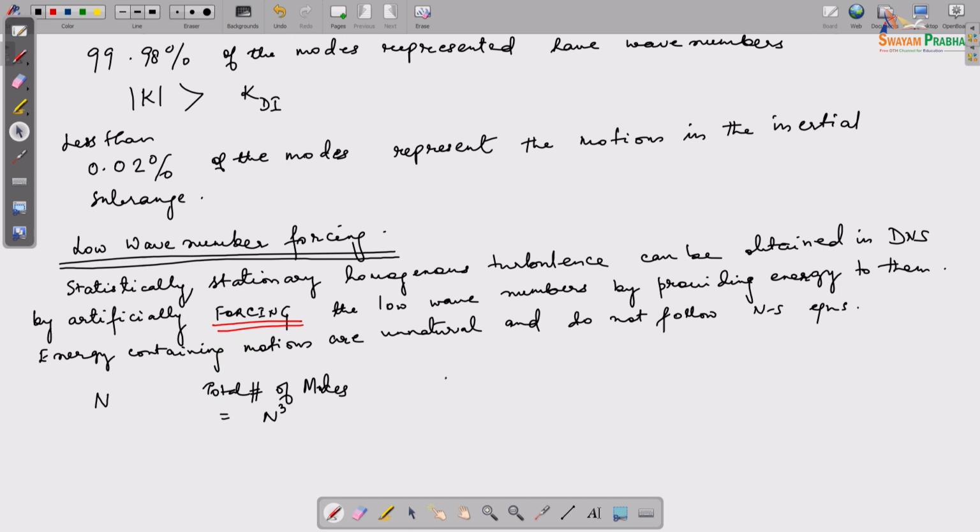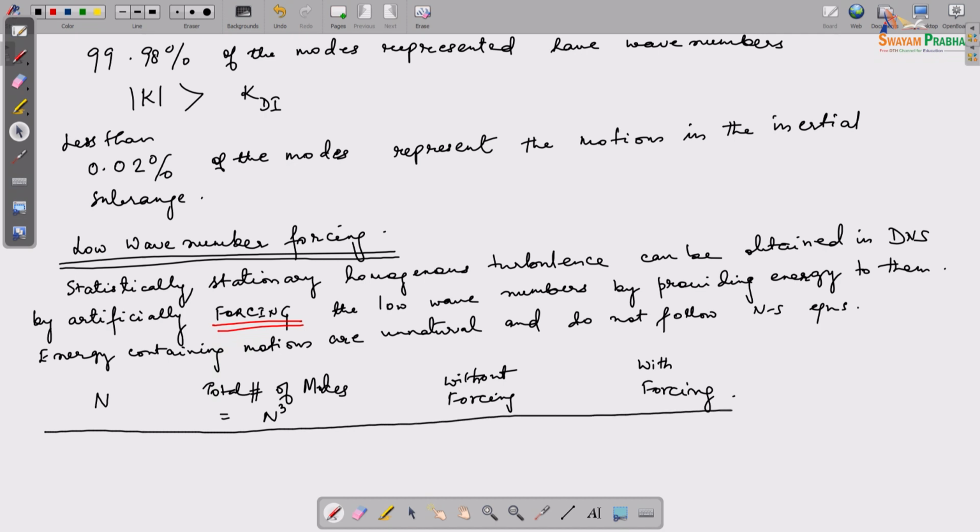Then without forcing, with forcing, right? I'll give you a couple of examples. What is the maximum Reynolds number that I can actually look at? I think I mentioned last class that given a turbulent flow, the maximum R lambda, which is essentially the Reynolds number based on the smallest length scales, that you can get up to with gigaflop computers is 100. That's all. But we want to get more.